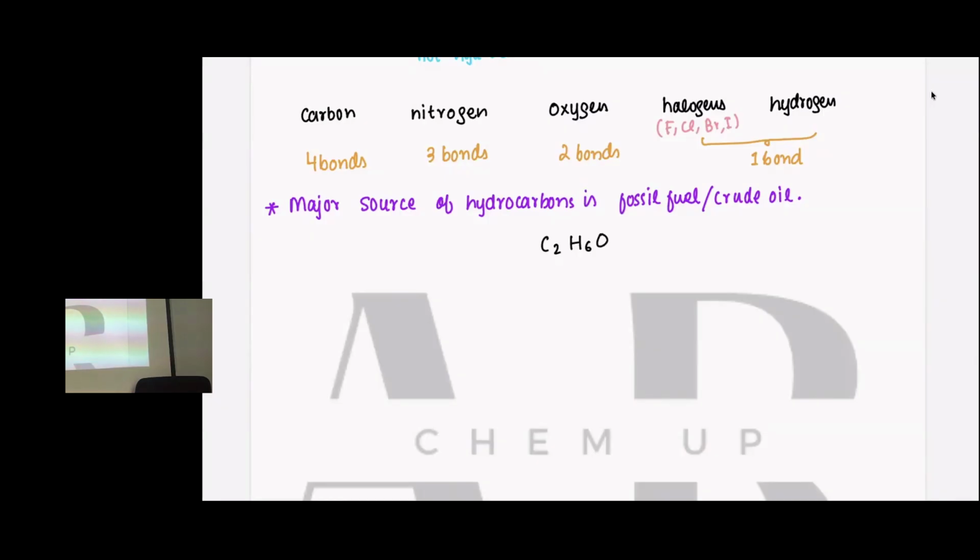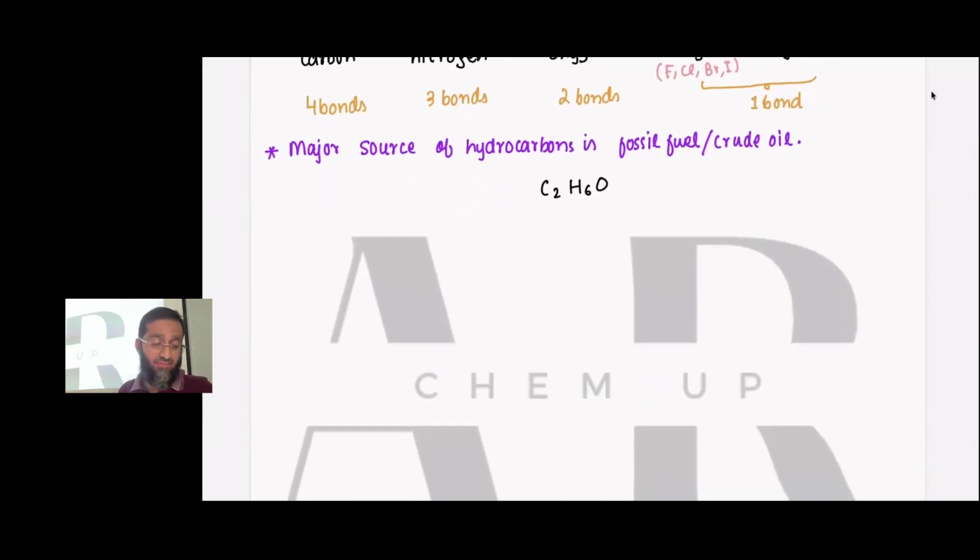Take another structure from this formula. Can we make any other structure from this formula? Draw. Any other possible structure from C2H6O?